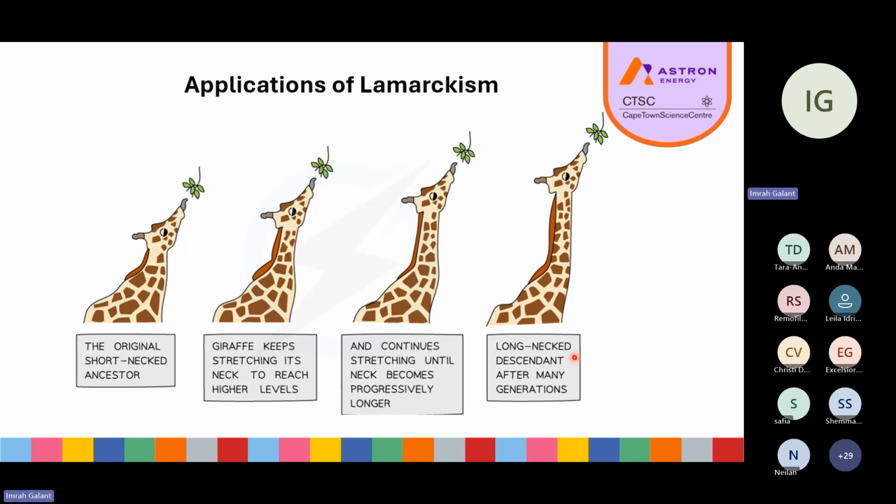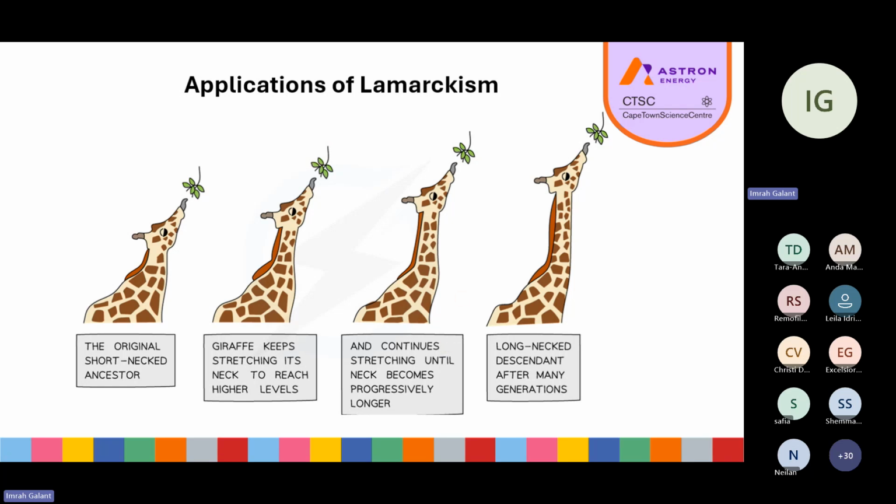Okay, so the best known example for Lamarckism is the story of the giraffes. According to Lamarck, giraffe ancestors had very short necks. Over generations, these short-necked giraffes stretched their necks to reach the leaves on top of the very tall trees.